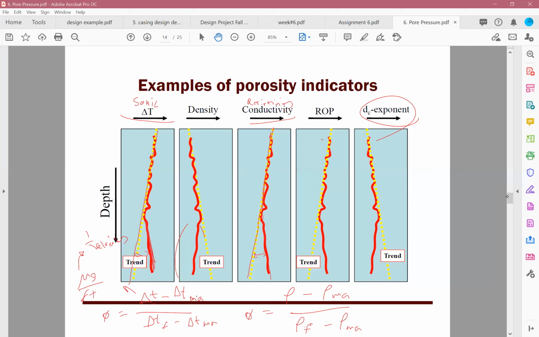What else? Any other reason you think when you design your casing? Why would you need the pore pressure? Any varying calculation of casing design?